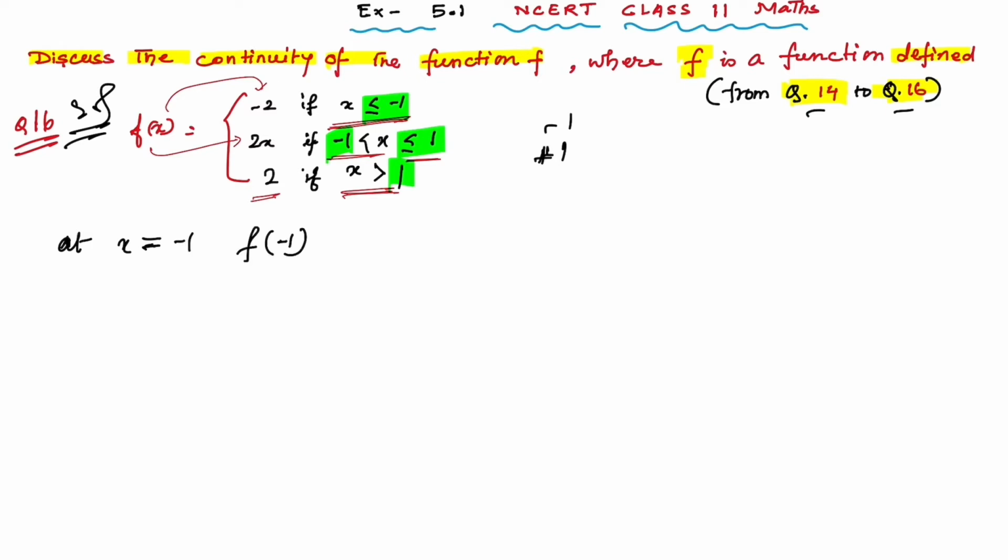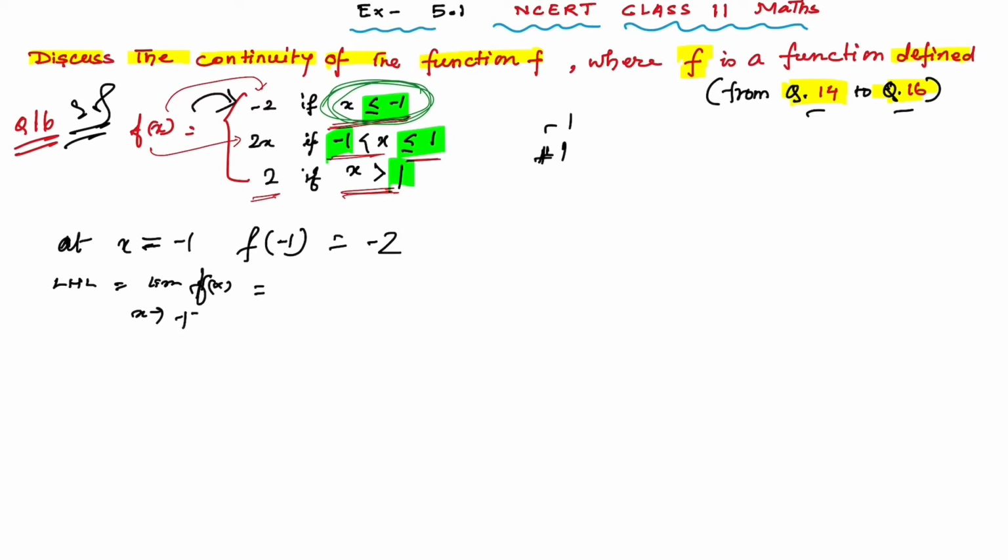f of minus 1, as given here: for x less than or equal to minus 1, f of x is minus 2. So that's why f of minus 1 is minus 2. Now let's find the left hand limit of f of x, x tends to minus 1 negative.